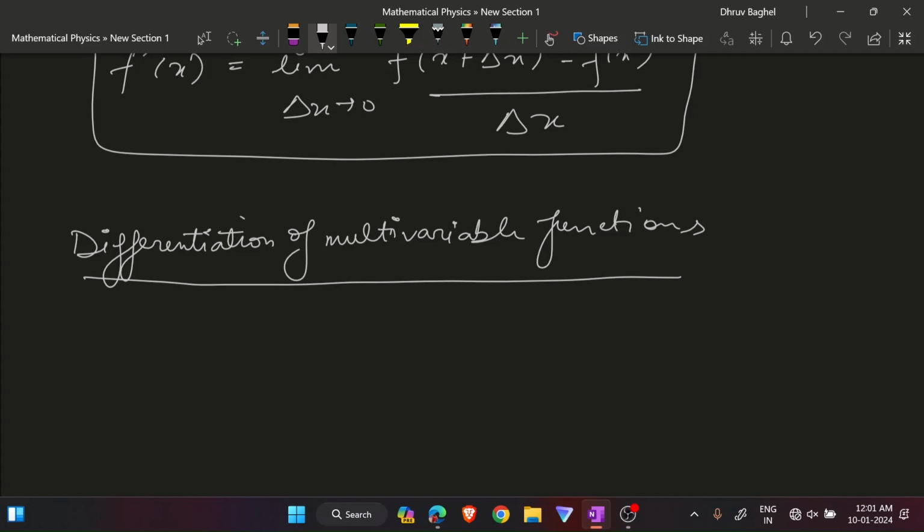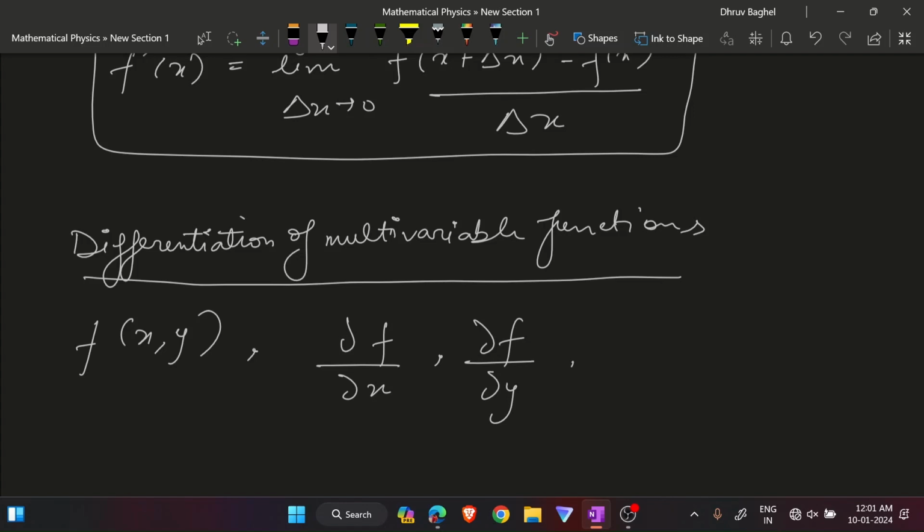For that we use symbols like this: we have a function of x and y, and the derivatives of this function can be denoted as del f by del x and del f by del y.